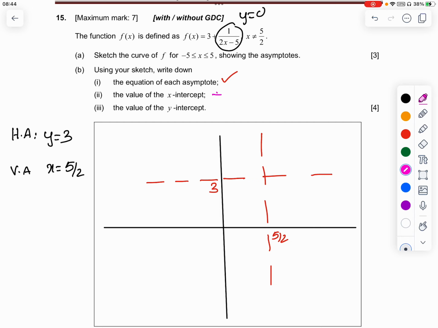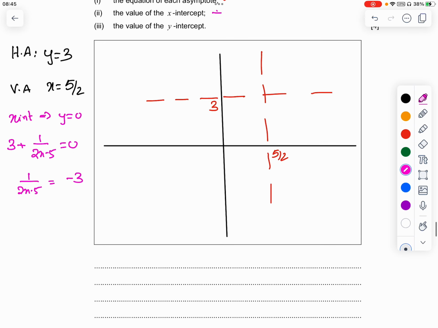X-intercept. What is the x-intercept? X-intercept means y equals 0. So 3 plus 1 upon 2x minus 5 should equal 0. So 1 upon 2x minus 5 equals negative 3.